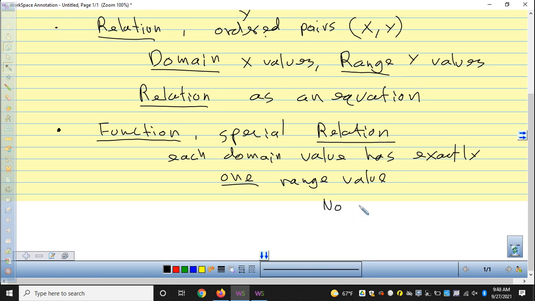We have no repeats in the x's. So no number repeats in the domain. So a function is a special type of relation where we have no repeats in the x's.